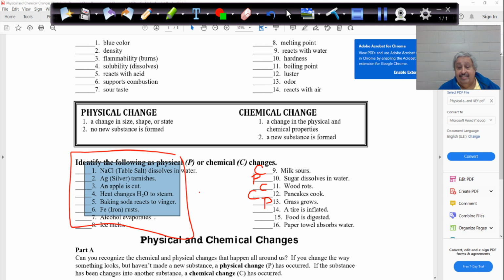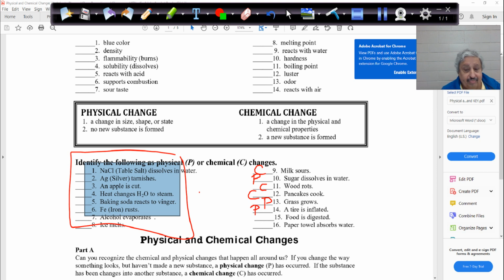A tire is inflated. I have a flat tire. Well, is that physical or chemical? Physical, not chemical, because you put the air inside the tire, and what will happen? The tire will be inflated. It will be okay.